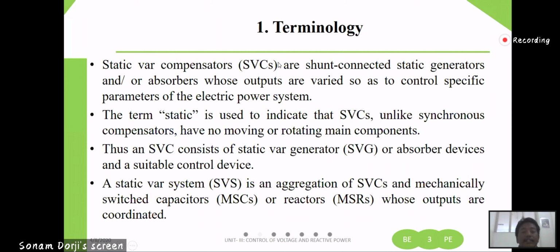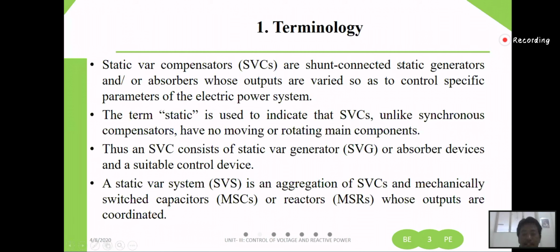What is SVC? It is known as static VAR compensators, and it is a shunt connected static generator or absorber whose output is varied so as to control specific parameters of the electric power system. An SVC is shunt connected, and it is a static generator as well as an absorber.